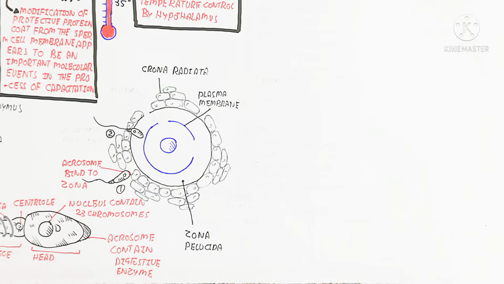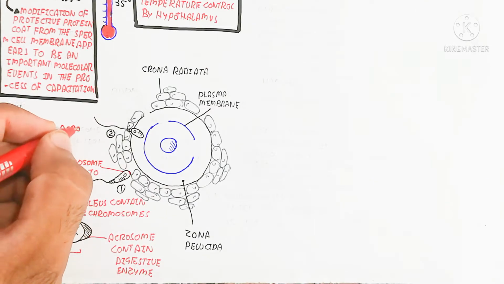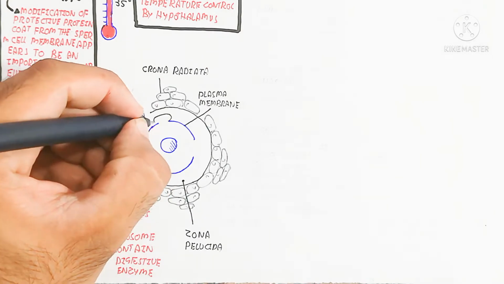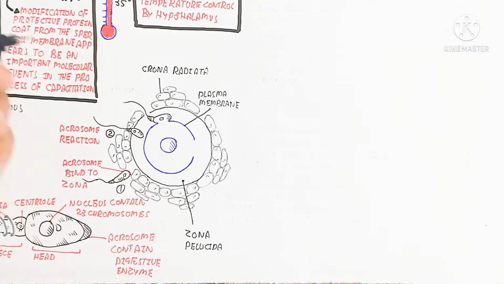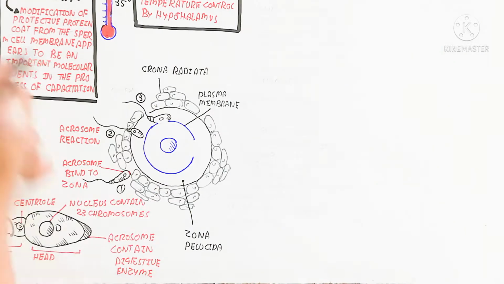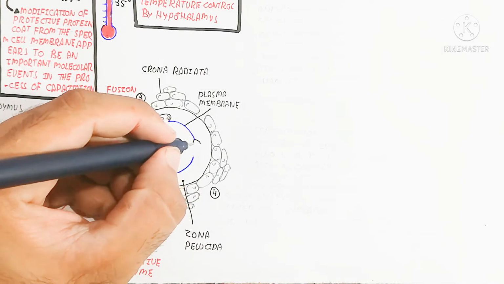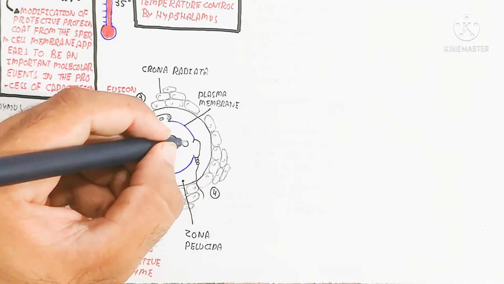The acrosome reaction then lets the head penetrate the zona pellucida. When it enters the zona pellucida, the protein is digested, allowing the nucleus to enter inside.